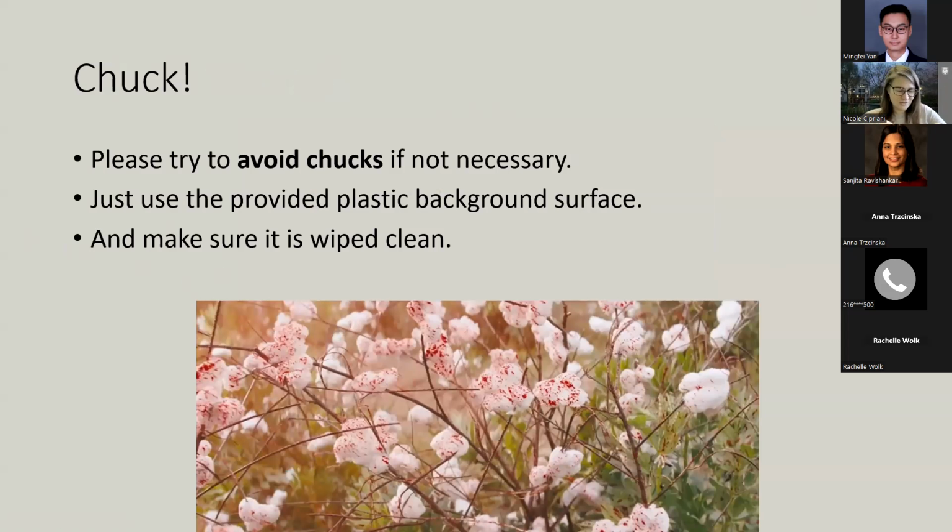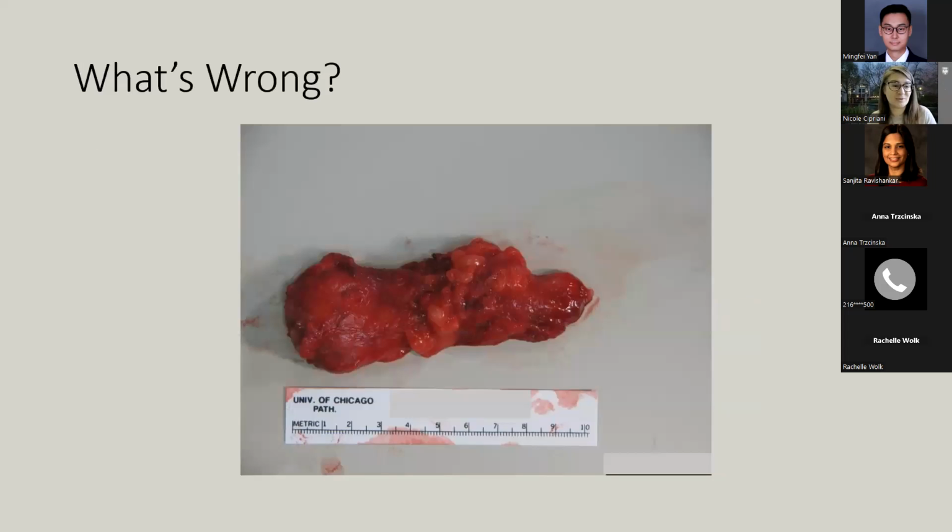We have essentially a cutting board where we put the specimen and photograph it, and it is wiped clean. So avoid the chucks, the gauze, and paper towels in the background, because that causes background noise that isn't useful.